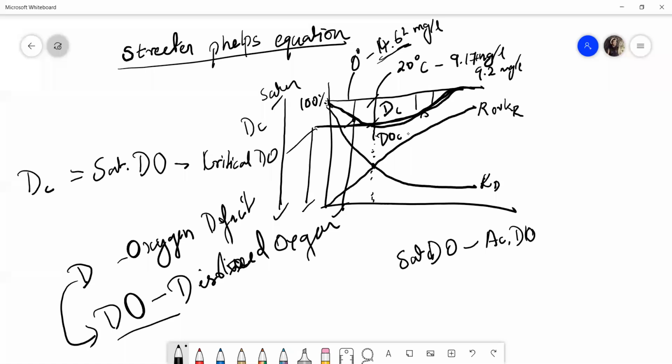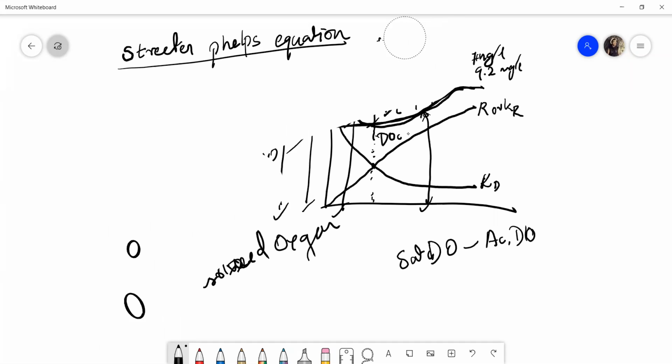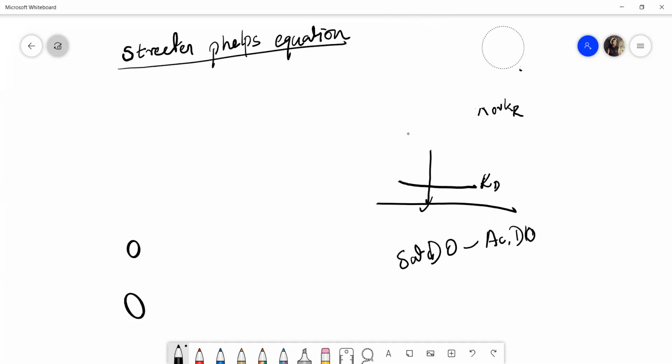At this point, the DO is the bottom part. Are you clear with this? Please let me know through the chat if you understood this concept. If you don't understand this concept, it will be difficult for you to solve the problem.